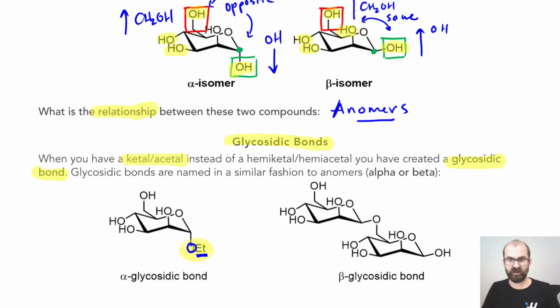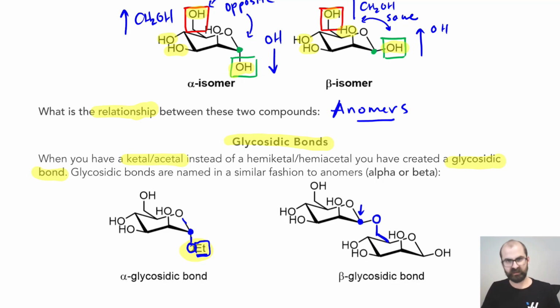And even though it's a small ethyl group, we still call it a glycosidic bond because it's at our anomeric carbon, which again is the carbon with the two CO bonds, and we just have some R group bound to it. But more traditionally, you'll have a glycosidic bond, like in the second example, we identify our anomeric carbon, and it's got a linkage between that OH and another sugar molecule. So this is kind of where the glycosidic bond term comes from.